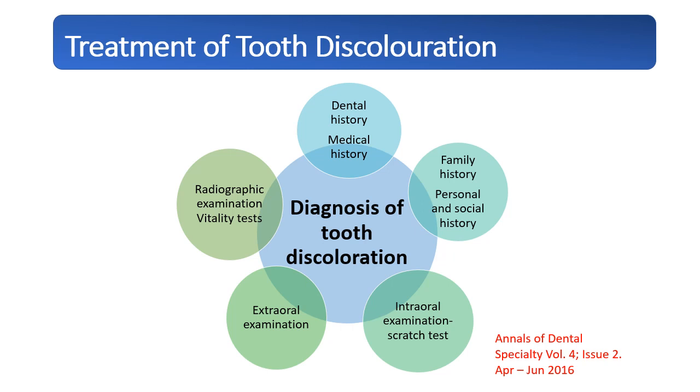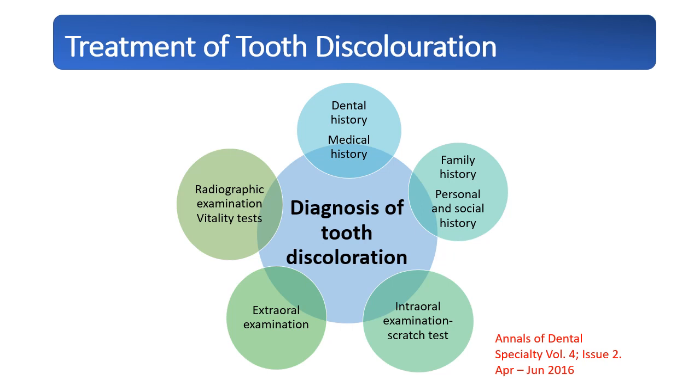Now, when we move on to the management of tooth discoloration, the treatment modalities include, firstly, you need to diagnose the tooth discoloration. In diagnosis, we deal with basically the dental history, the medical history, then you ask about the family history, the personal history, social history, which means if there's any habit history.